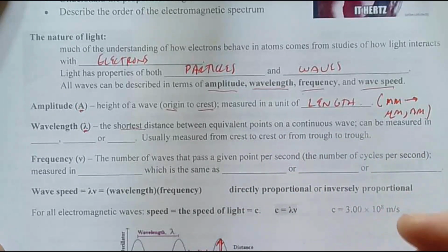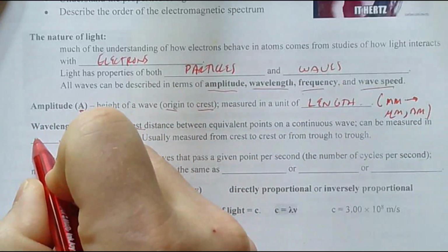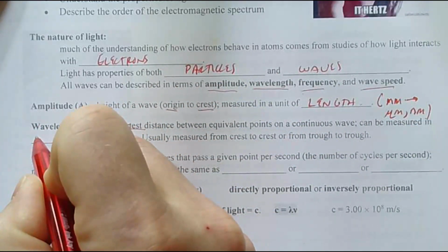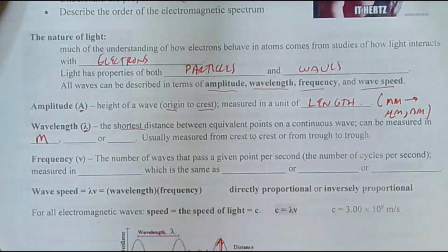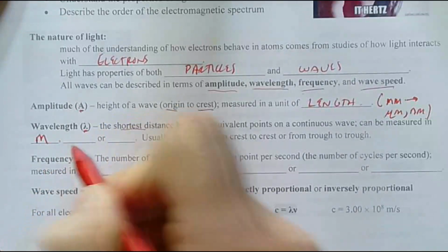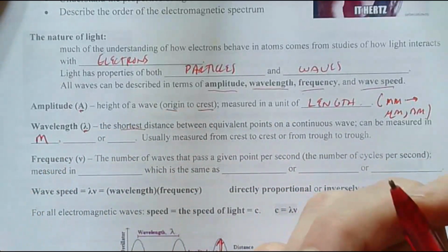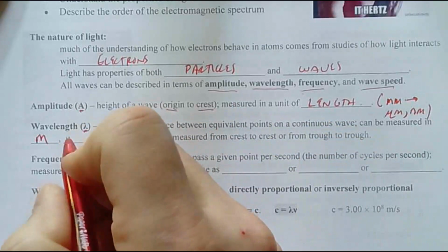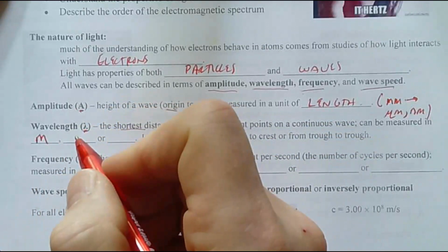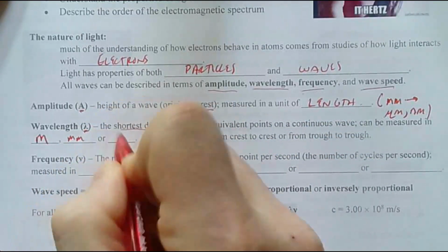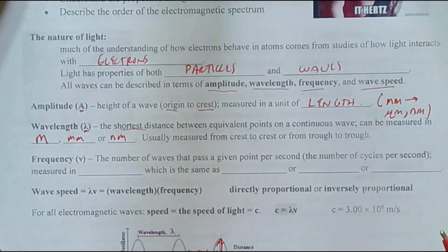If we're talking about a mechanical wave, like a water wave, the unit of length is probably meters. But if we're talking about a light wave, then it could be millimeters all the way down to nanometers. Again, it's going to be a unit of length.